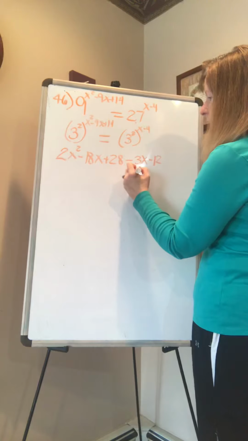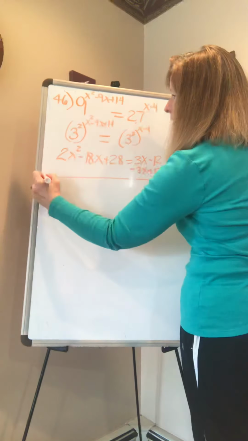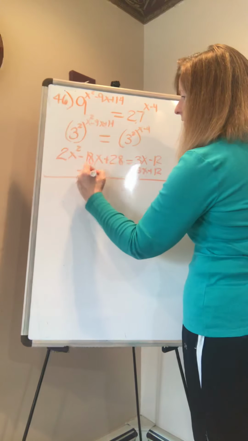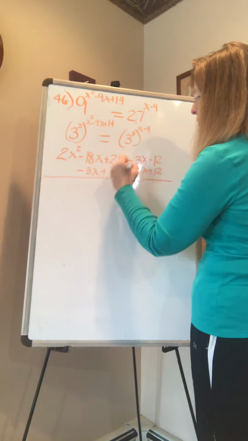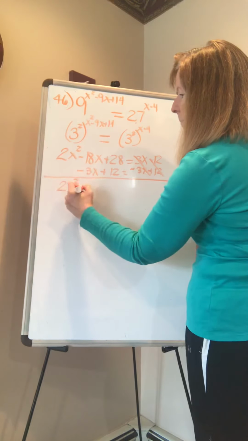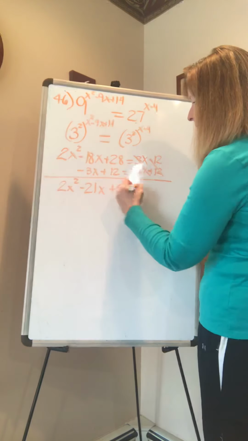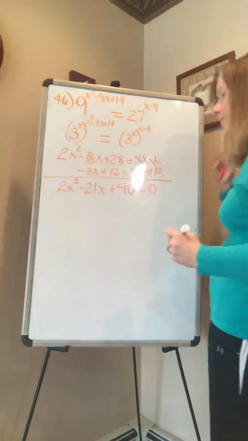So I'm going to subtract 3x and add 12 to both sides. Minus 3x and add 12 to both sides. So now I have 2x squared minus 21x plus 40 equals 0.